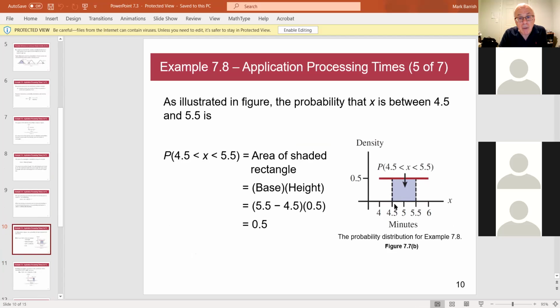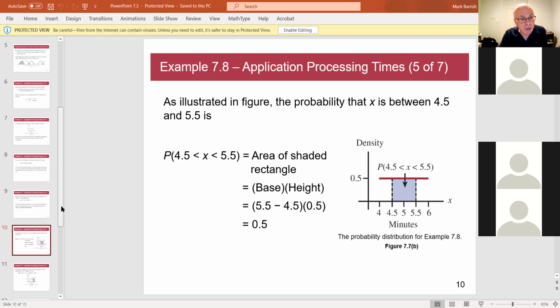Well, the base is 1. 5.5 minus 4.5 is 1, and the height is 0.5. What is 1 times 0.5? 0.5. So the probability of having a value of x that's between these two values is 0.5. It's 1/2 probability. Okay? That's how you do it.